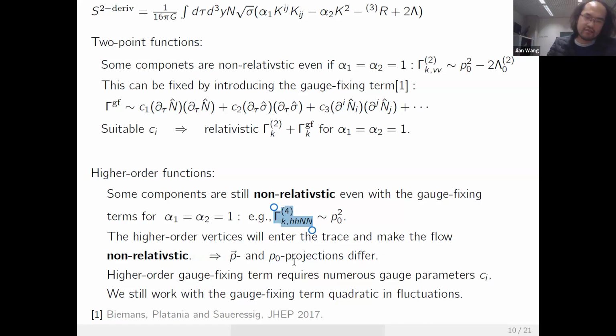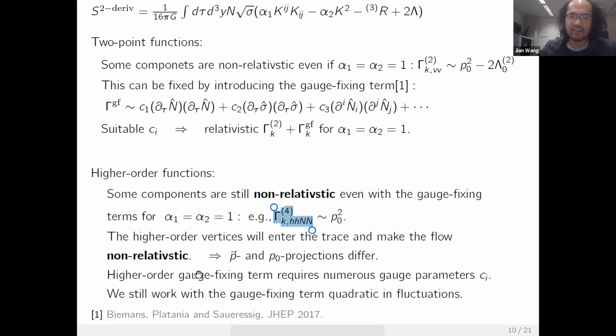At this stage, one may think that we can repeat this idea by introducing higher order gauge fixing terms in the theory to make all the higher order functions relativistic.